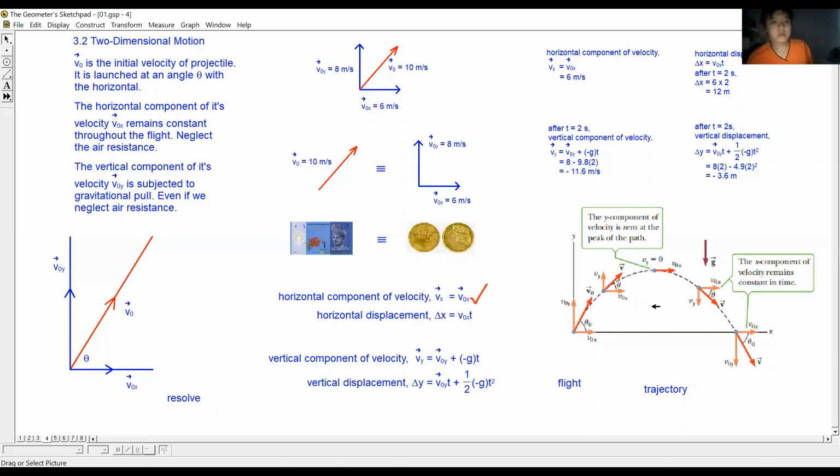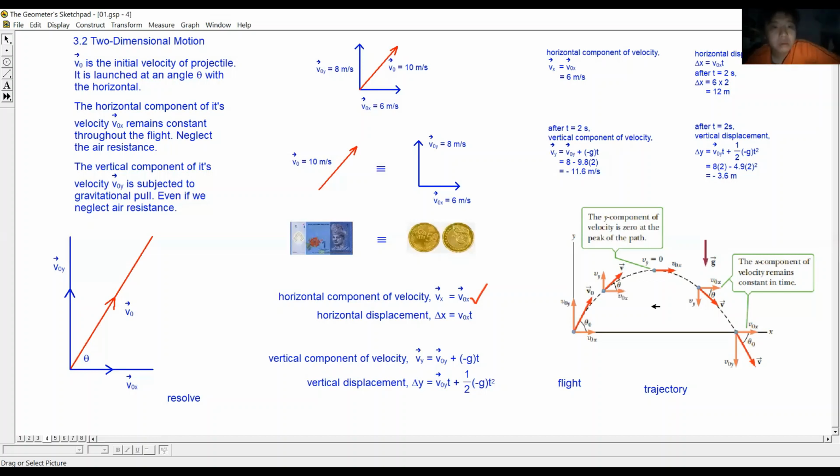So along the trajectory during the flight, at every stage there's a vertical component and a horizontal component of the velocity. However, the horizontal component of the velocity will not change.